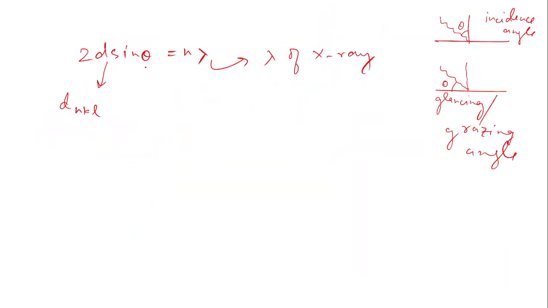So this theta is also the angle of diffraction, because this will be equal to it. That's why we say this is similar to reflection, because in reflection also the angle of incidence is equal to the angle of reflection. Here it's the same.